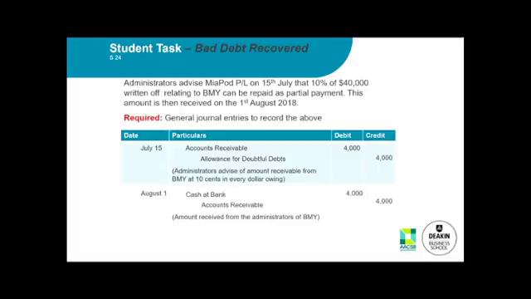So we then debit the cash and credit our accounts receivable. So you can see that these two amounts offset each other. We create the debt again, knowing that we're going to get paid shortly, and then when we do get paid, we credit the accounts receivable and debit our cash.